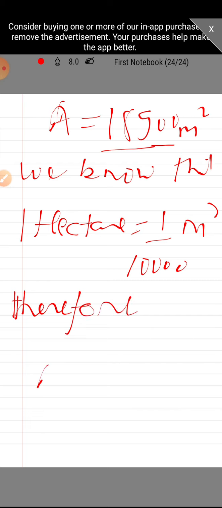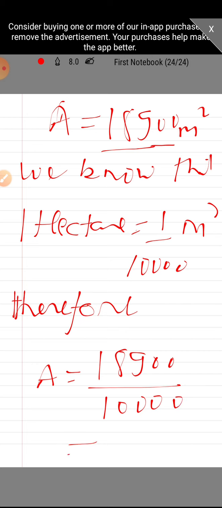Therefore area is equals to 18900 divided by 10,000. On solving we will place the decimal here. So A is equals to 1.89 hectare. I write HEC, so HEC stands for hectare.